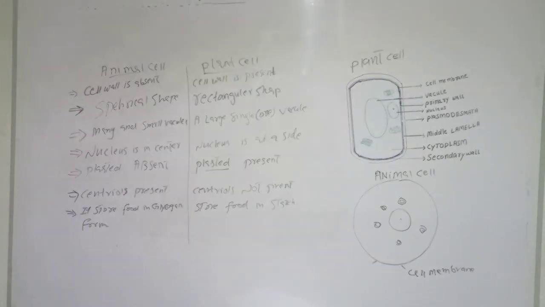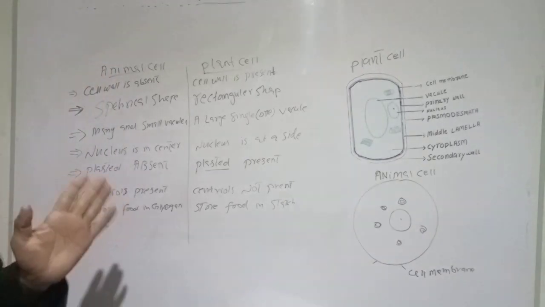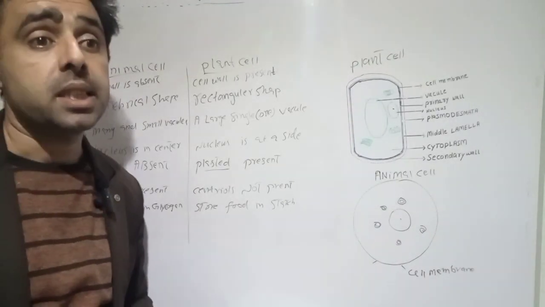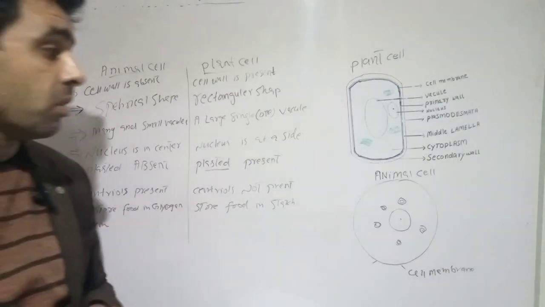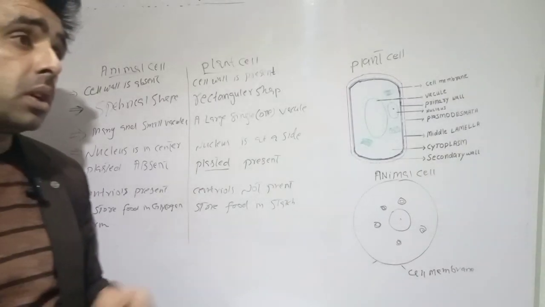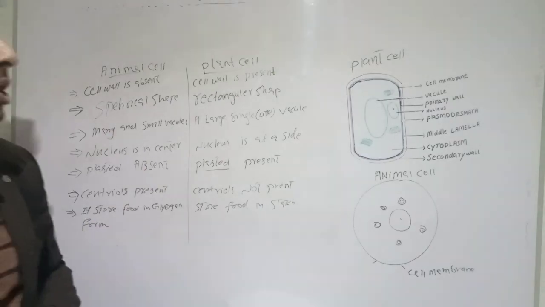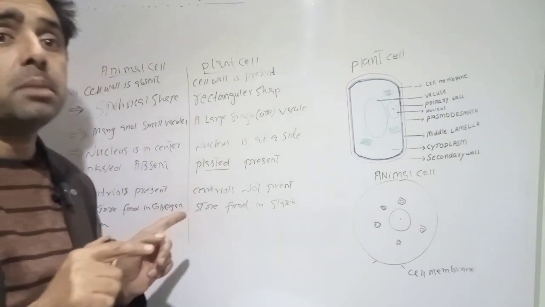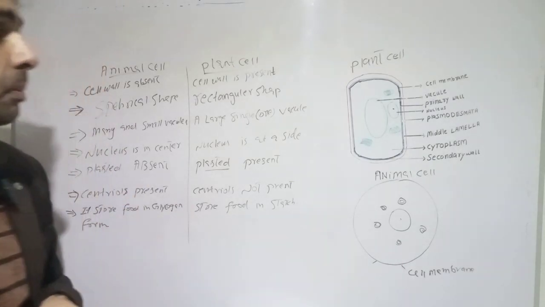Now the next one is plastid. The plastid is absent in the animal cell because the animal cell does not prepare its own food, as I have already mentioned, and the plant cell prepares its own food, and that process is called photosynthesis. Photosynthesis needs plastid because the plastid is the basic one and it is very important for the preparation of food.